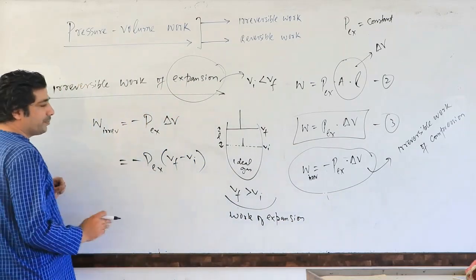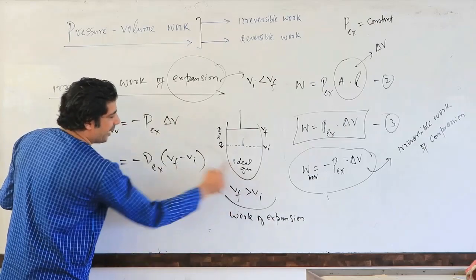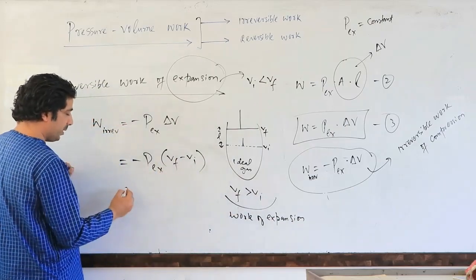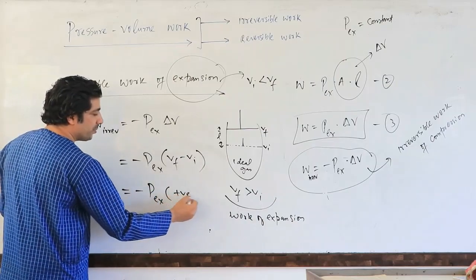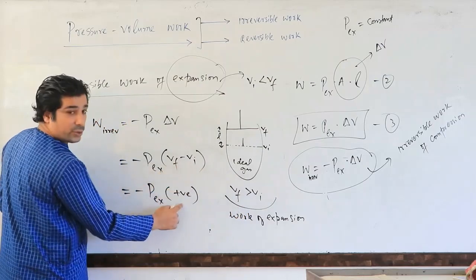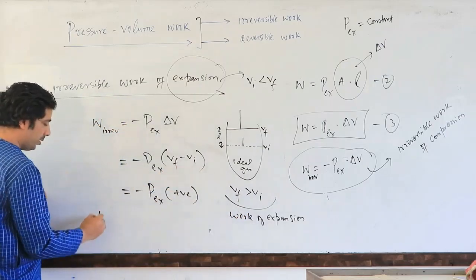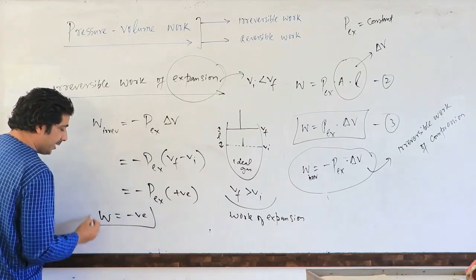Have a look here. Vf minus Vi. We know that Vf is greater than Vi, so this value will be positive. So negative, and this P external and this value will be positive because Vf is greater than Vi. And overall, plus into minus will be minus only. So work is negative.